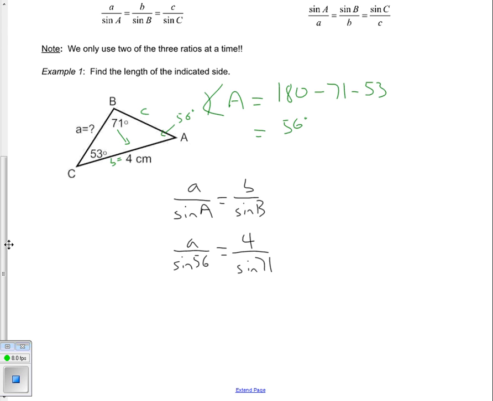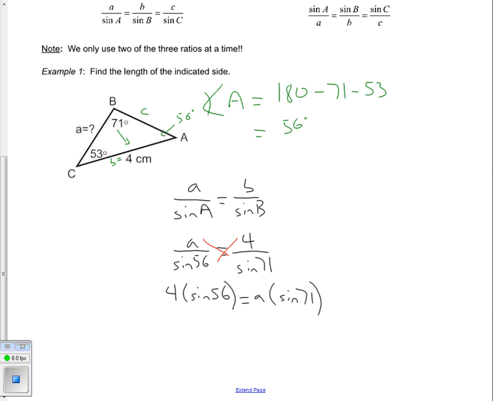So we're going to use our cross multiplying technique, and we're going to solve for side length A. So we're going to multiply across the top here. So we've got 4 times sine 56 is going to be equal to A times sine 71.